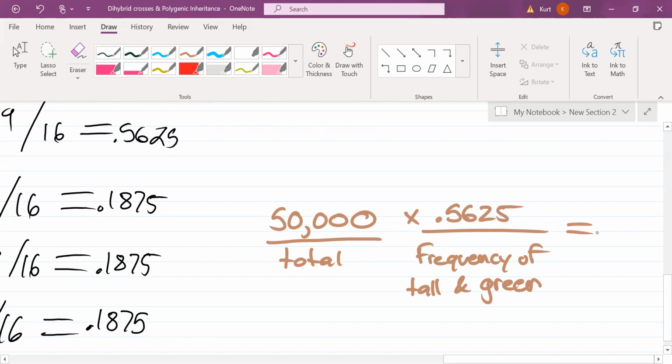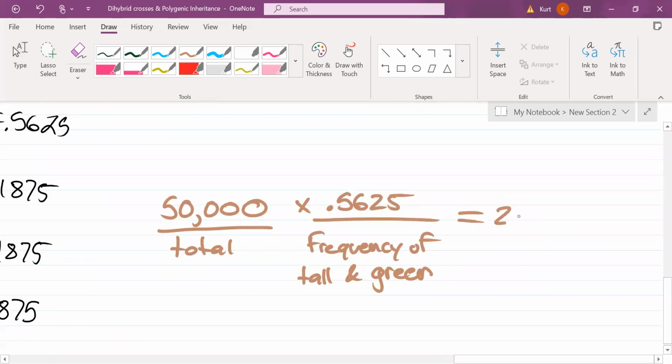And let's see what that is. That would be 28,125. So this is how Gregor Mendel used math with biology. This is why. It's all about statistics.